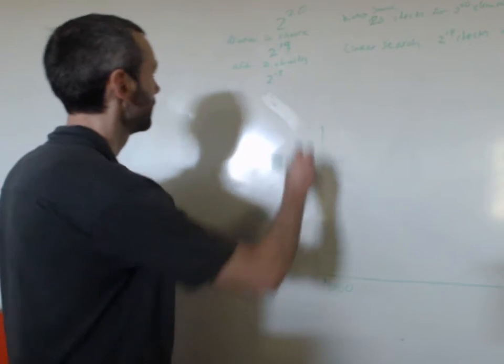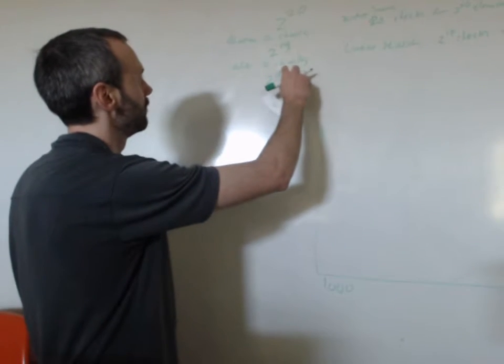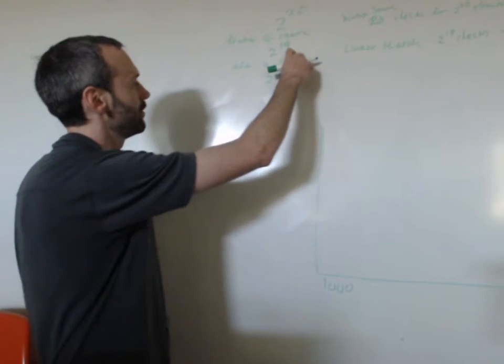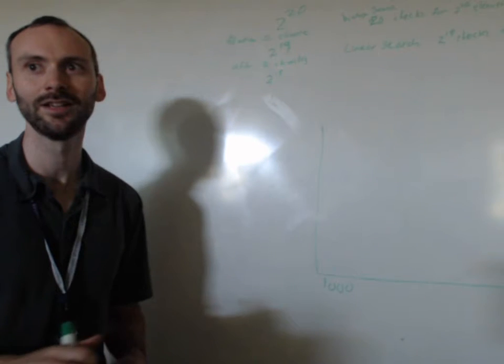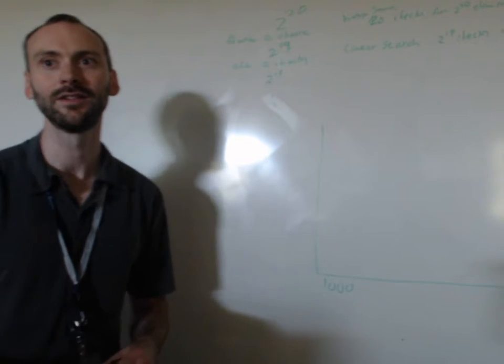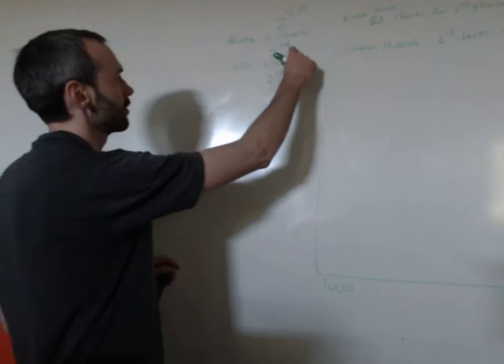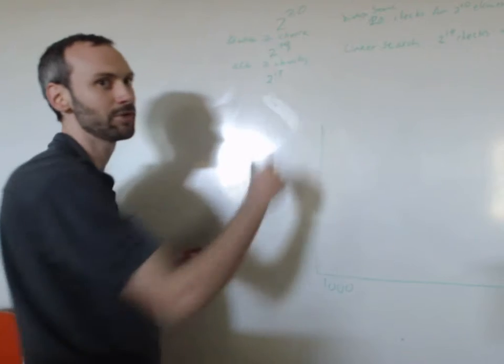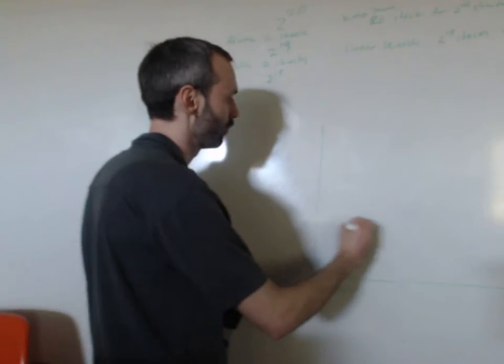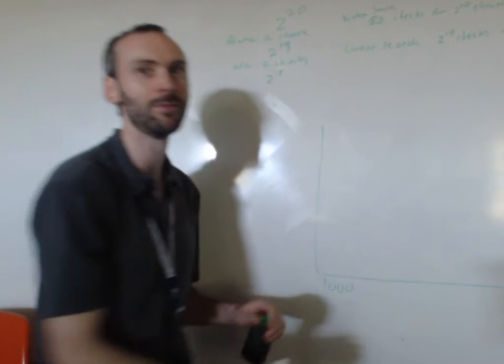Between 2 to the 18th and 2 to the 19th, how many checks would it take? 19. It would take 19 checks for all that in between. You don't go to another check until you double the size. So this function only grows one step every time you double the size.